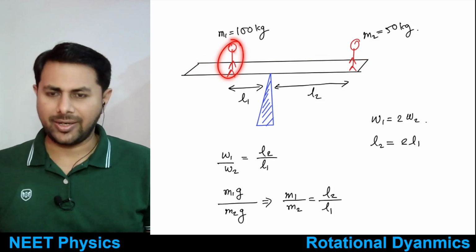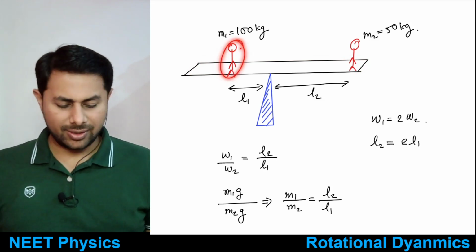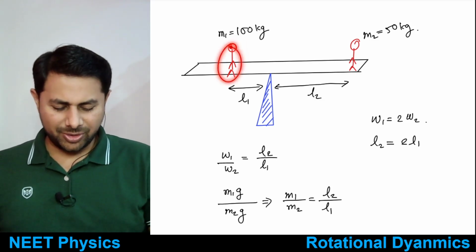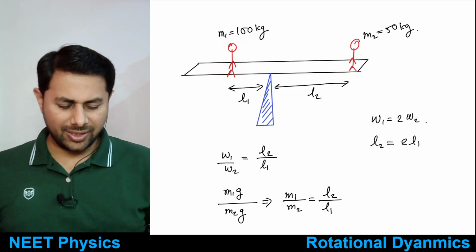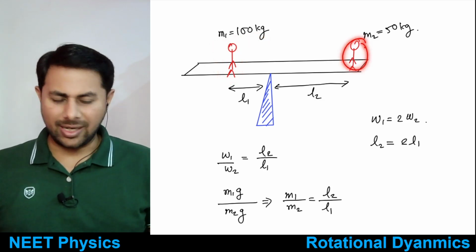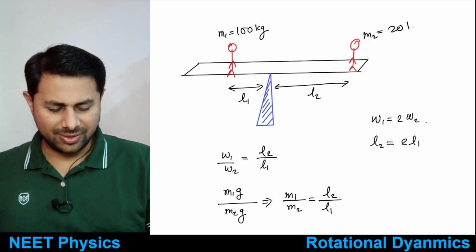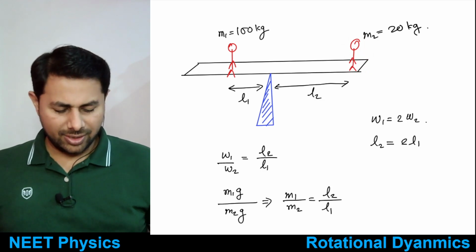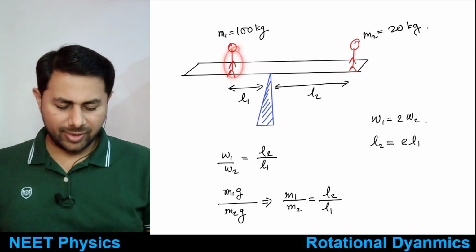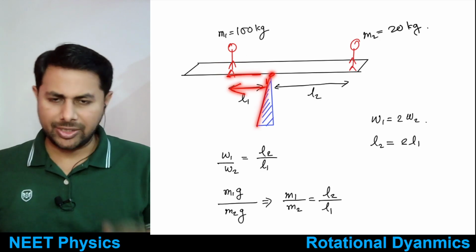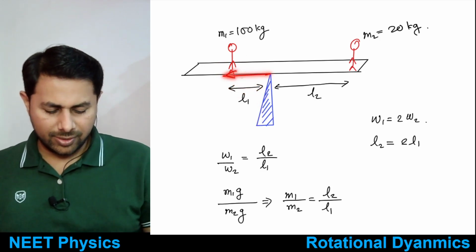Here you have a man of 100 kg, or some machine, a truck, etc. Suppose there is a man of 100 kg on this side, and here is one child of 50 kg, or you can take 20 kg or something. The man sits on the seesaw, let's say somewhere in the middle, at length L1 from the point at which it is pivoted.